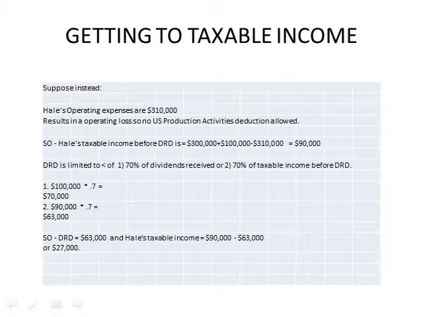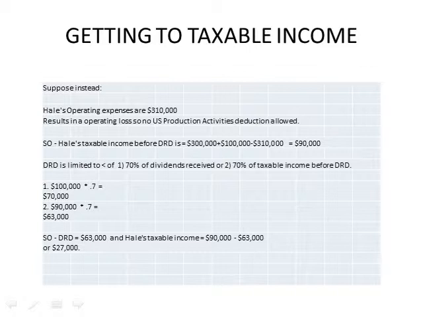Under item 1, $100,000 times 0.7 is equal to $70,000. Under item 2, we look at the taxable income before the dividends received deduction, which is $90,000 times 70%, which gets us to $63,000.